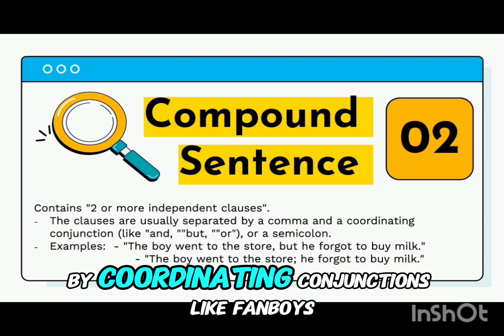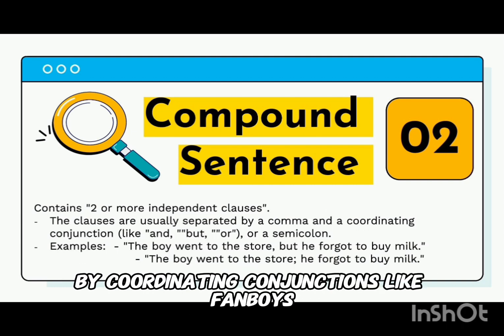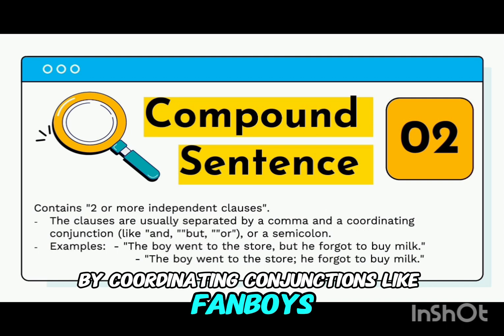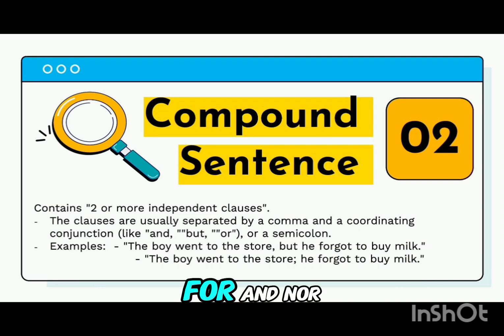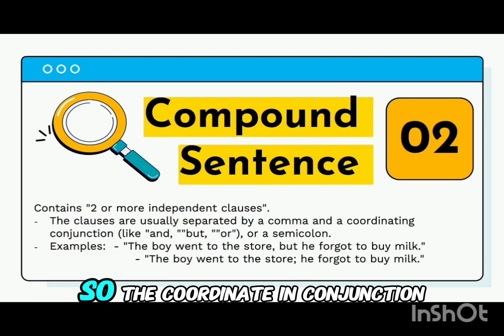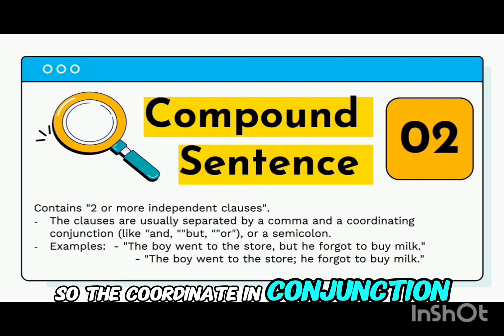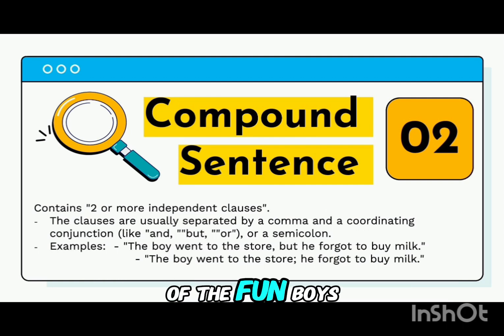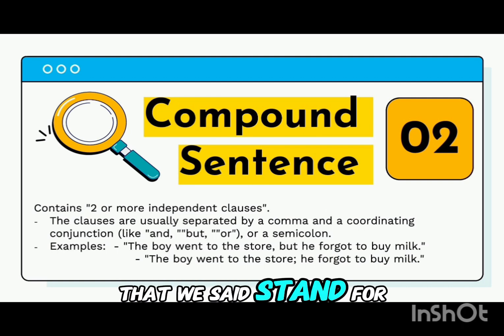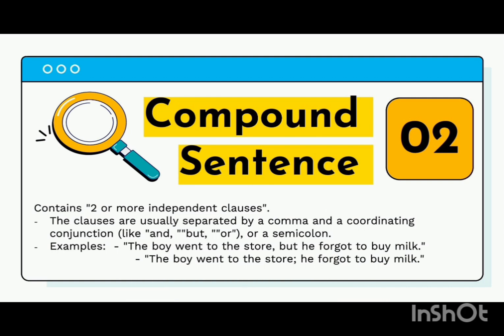By coordinating conjunctions like FANBOYS: for, and, nor, but, or, yet, so. The coordinating conjunctions of the FANBOYS stand for F, for; A, and; N, nor; B, but; O, or; Y, yet; S, so, with a comma.